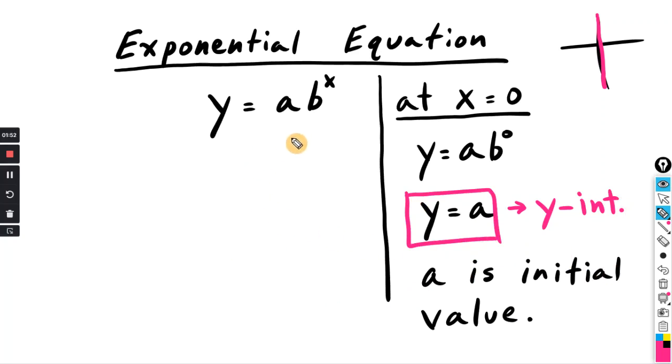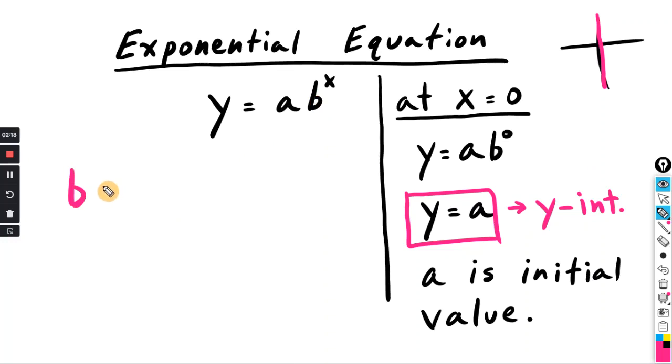And the only other thing you need to know for the b value, notice that there's an exponent here. So a will, when you plug in the exponent, be multiplied by the value of b over and over again.